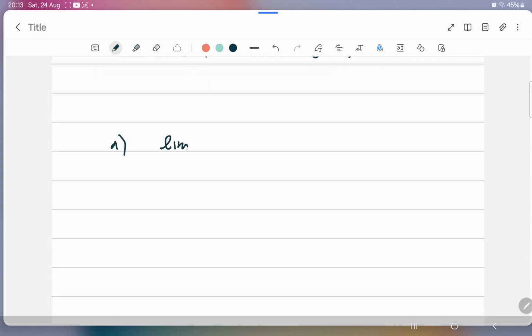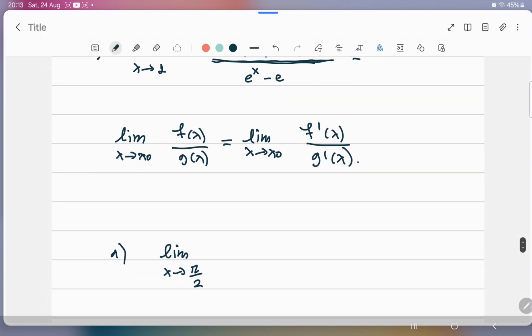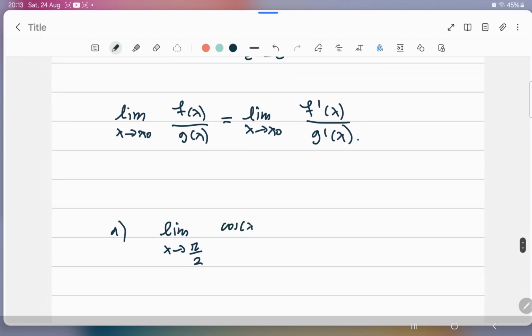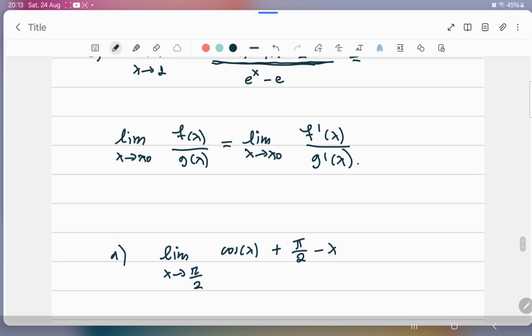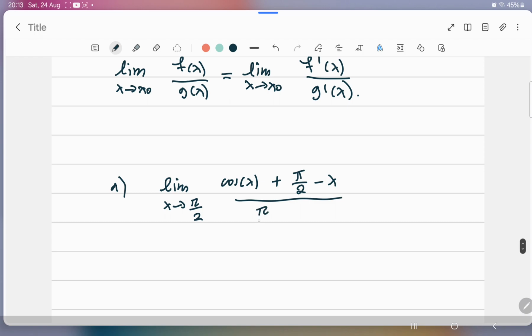I have the following limit as x going to pi over 2 of cos x plus pi over 2 minus x, and the denominator is pi over 2 minus x.